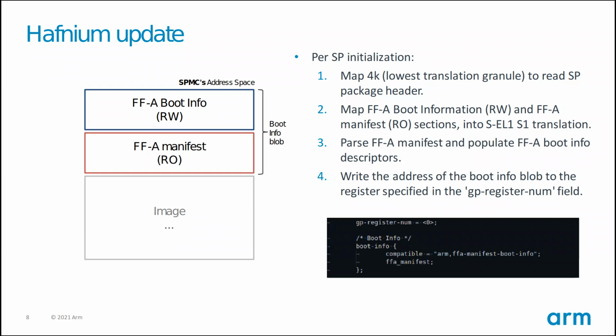If there is information requested, it will then write the header and the respective boot information descriptors into the first region. For a given SP, we also need to configure the field GP register num, which configures the register in which the SP expects to receive the address for the boot information blob.